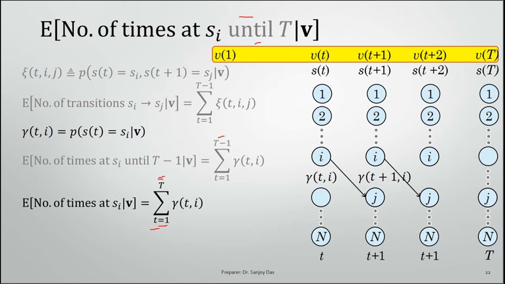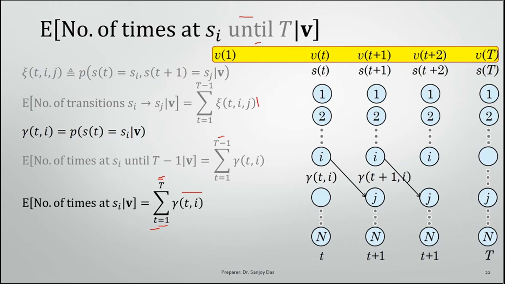Now I told you that zeta Tij cannot be defined at time T. Nevertheless, gamma Ti can be derived in two ways. It can be derived from these zeta Tijs, as we just saw before. Another way to find gamma Ti is by using the product of alpha and beta divided by the double summation of alpha beta. I will refer you to the past slide to look at that expression.